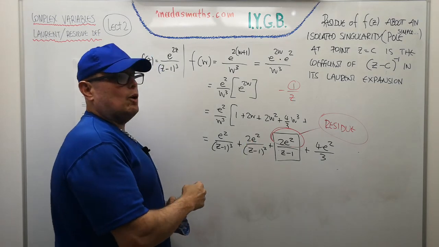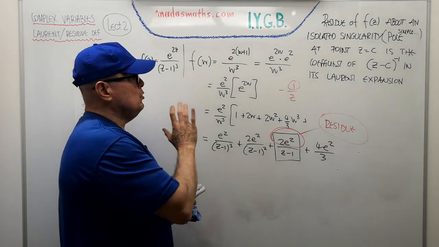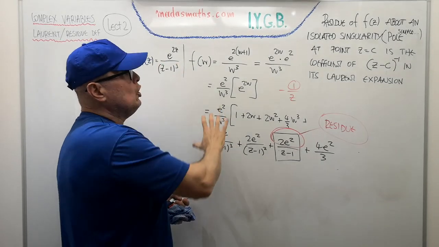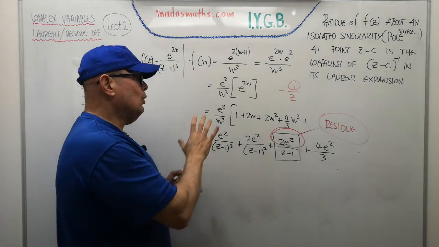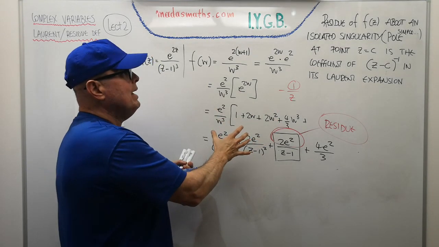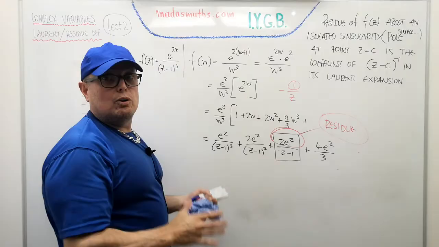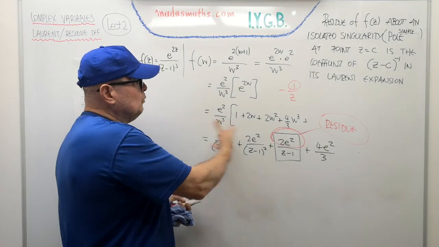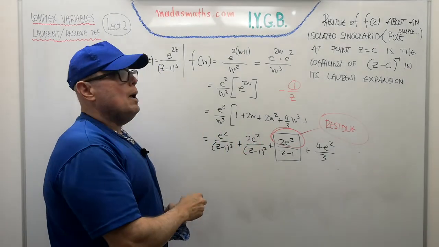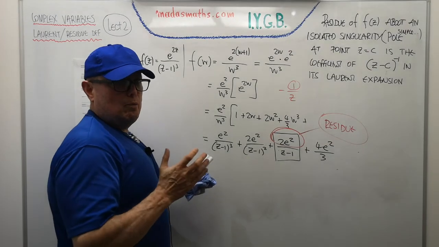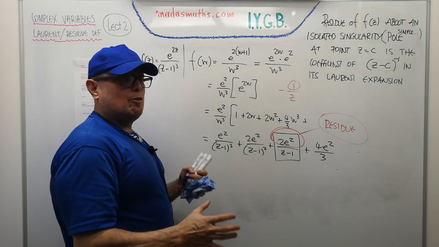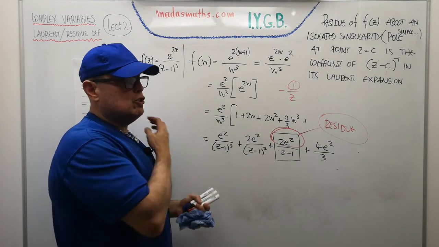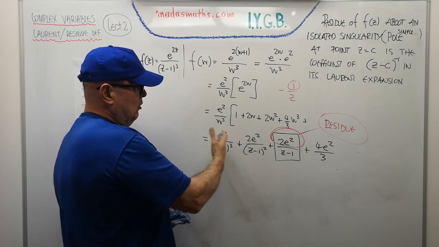We rarely, in the questions that we're likely to see, will be computing residues, but computing Laurent expansions. But you need to know what it is, where it is coming from, and if we need to use Laurent to get a residue, you need to understand what we're doing and why we're doing it. Most of the residues that we are likely to compute will be coming from a little technique, a little formula which I'm going to introduce next time, which is based on the Laurent.